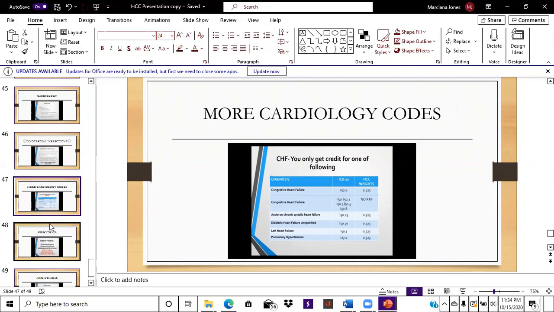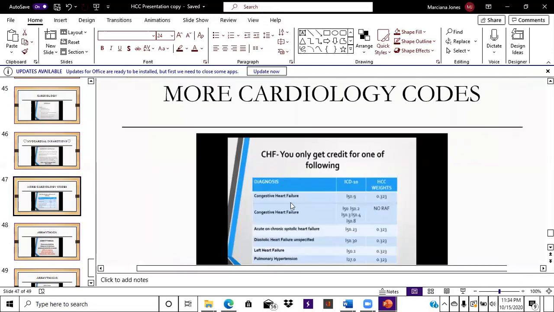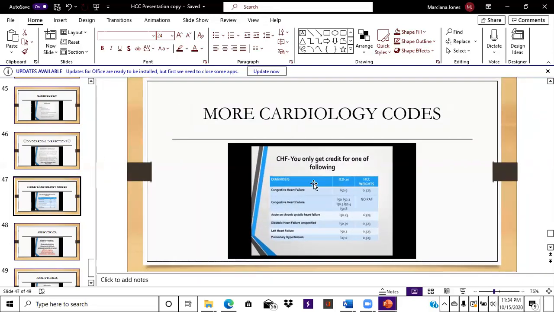So here we go. Let's take a look at some more cardiology codes. Like we mentioned earlier for CHF, you only get credit for one of the following. You see you have congestive heart failure, I50.9, and here's the RAF. Then you have congestive heart failure again with these codes, no RAF.